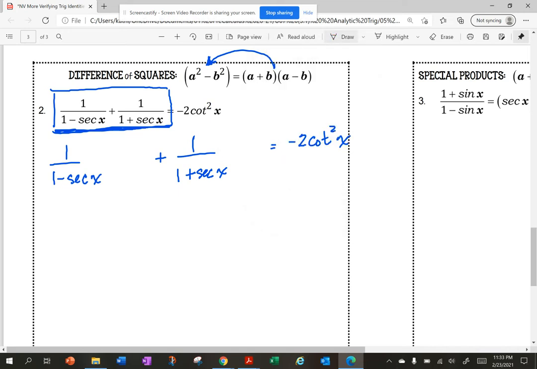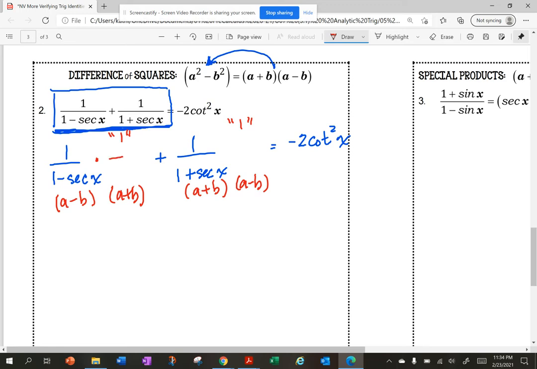Okay, so I am trying to get to a squared minus b squared. So I'm going to multiply by the conjugate in the form of 1. Looking at this, I see a minus b and a plus b. So I want to multiply this one by a plus b in the form of 1, and I want to multiply this fraction times a minus b in the form of 1.